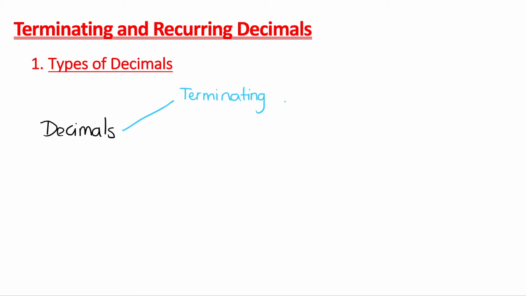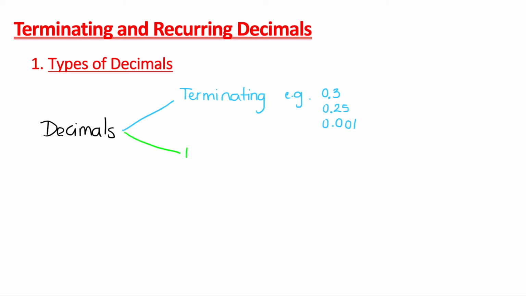So if we do some examples: 0.3, 10ths, 2500ths, 1,000th. So all those decimals that end, they finish, those are called terminating decimals. Okay, just putting this.